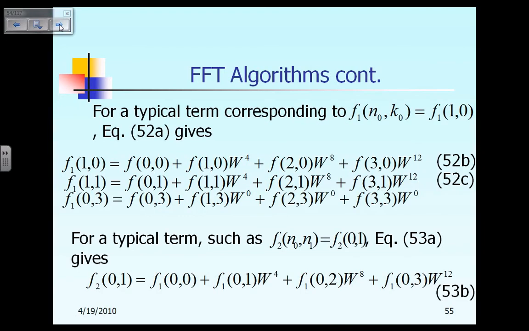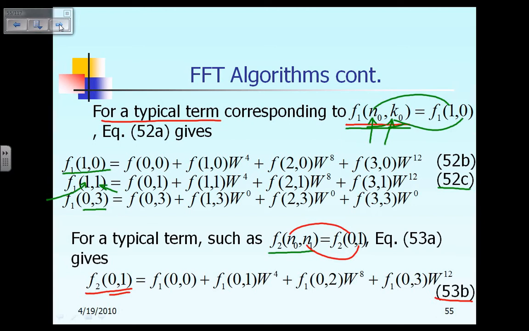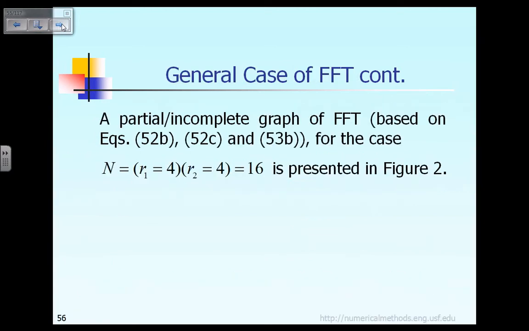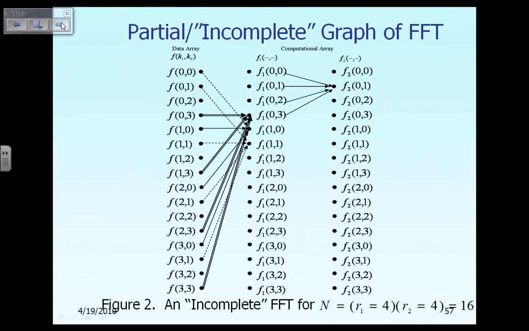So based on that observation of equations 52a and 53a, we can present for you the graphical picture for the fast Fourier transform. Now remember, in this situation, the number of data points capital N is equal to the product of any two integers r1 times r2.